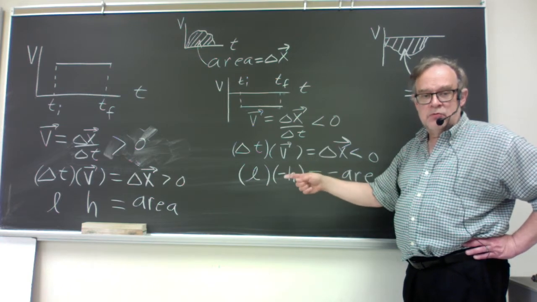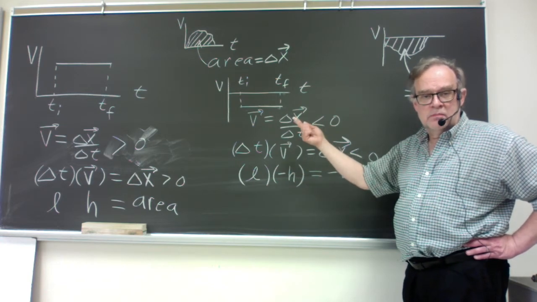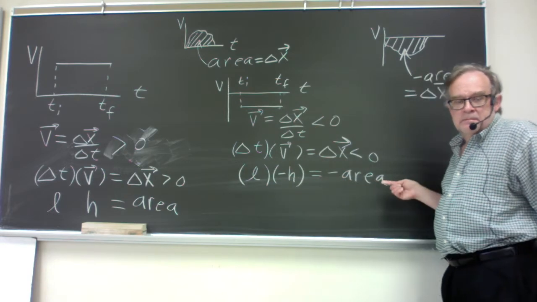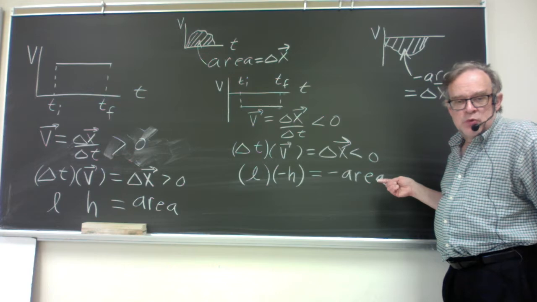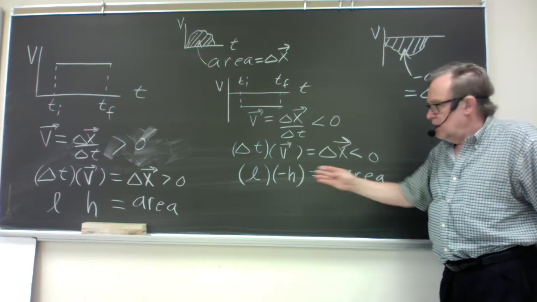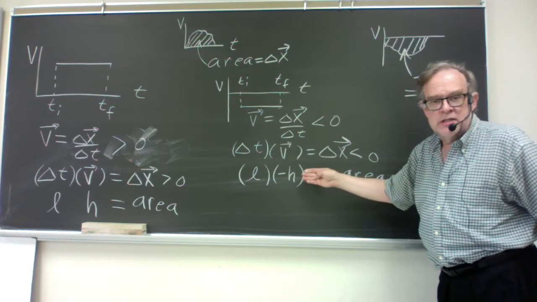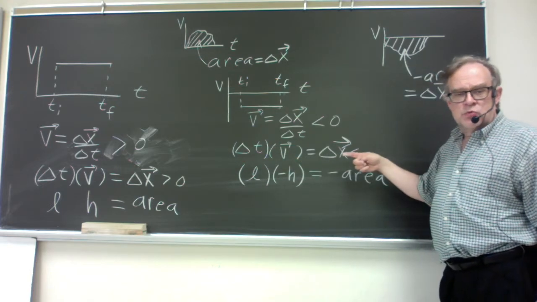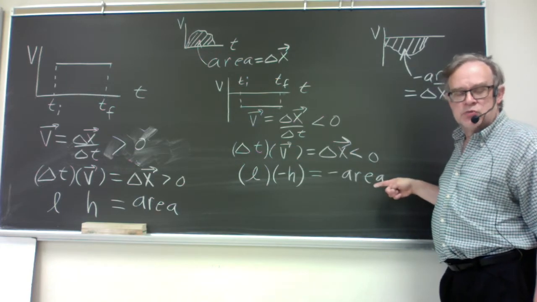But length times height, remember, is the area of the rectangle. So length times height times -1 is the area times -1. Since this multiplication is exactly the same as this multiplication, then this result is exactly the same as this result.